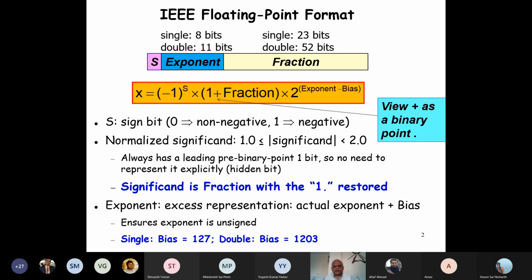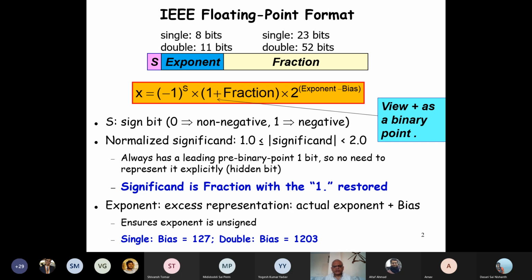So the significand lies between 1 and 2. It can be 1.0000 to 1.9999. And since the leading pre-binary point bit is always 1, we don't represent it here. We just add it when we reconstruct the number, and when we convert to this format, we just omit it.